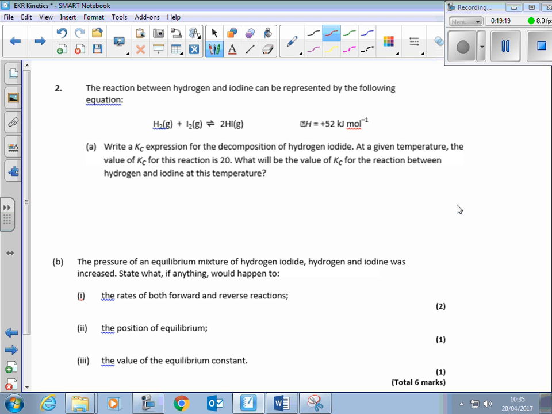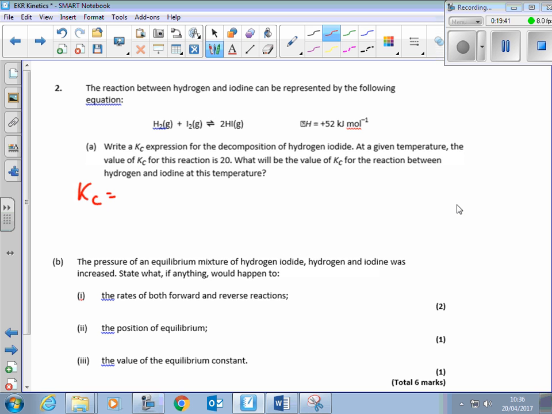Okay, so write a Kc expression for the decomposition of hydrogen iodide. Ooh, that's the other way around, isn't it? At a given temperature, the value of Kc for this reaction is 20. Right, what's the expression going to be?